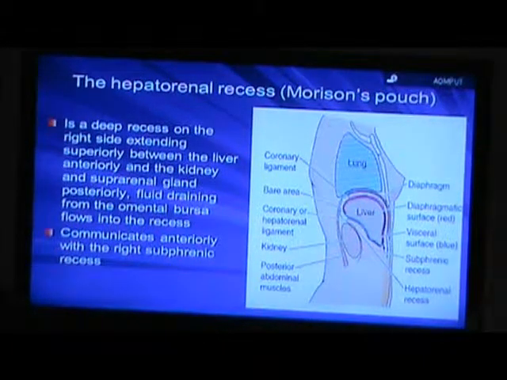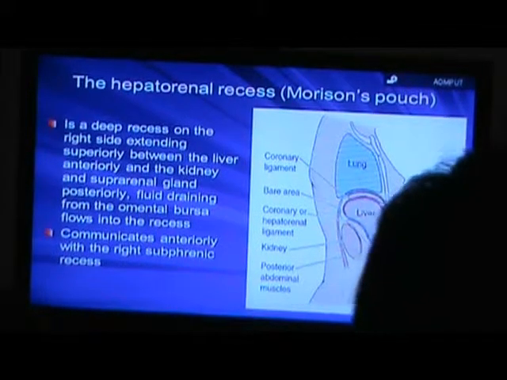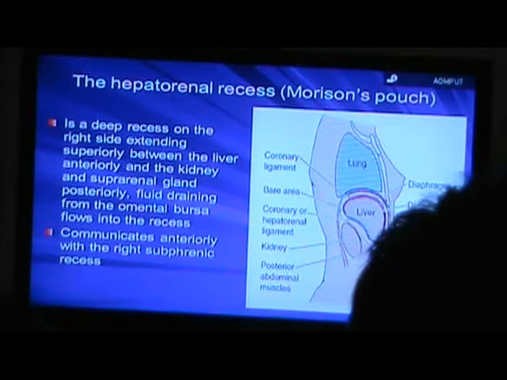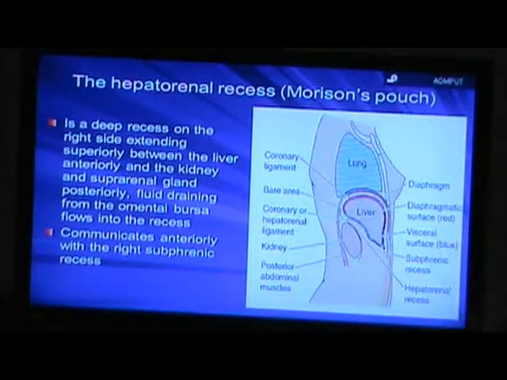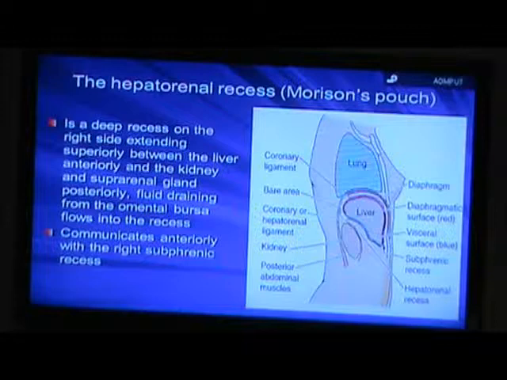The hepatorenal recess, or the Morrison's pouch, is a deep recess on the right side which extends superiorly between the liver, the right kidney, and the right suprarenal gland posteriorly. Fluid from the omental bursa drains into this hepatorenal or Morrison's pouch. This hepatorenal recess communicates anteriorly with the right subphrenic recess.